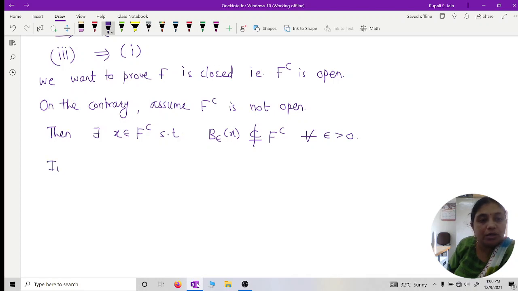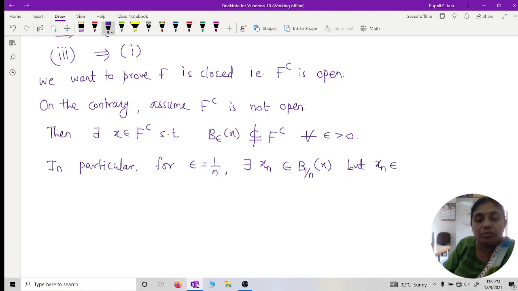So in particular, for epsilon equal to 1/n, there also exists some x_n in this ball of radius 1/n, but x_n does not belong to F complement, right? So this implies x_n belongs to B_{1/n}(x) and x_n belongs to F.